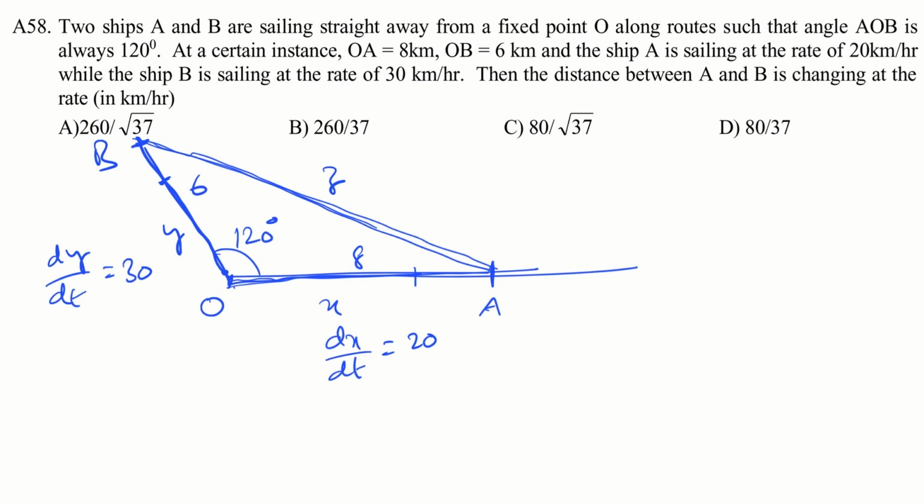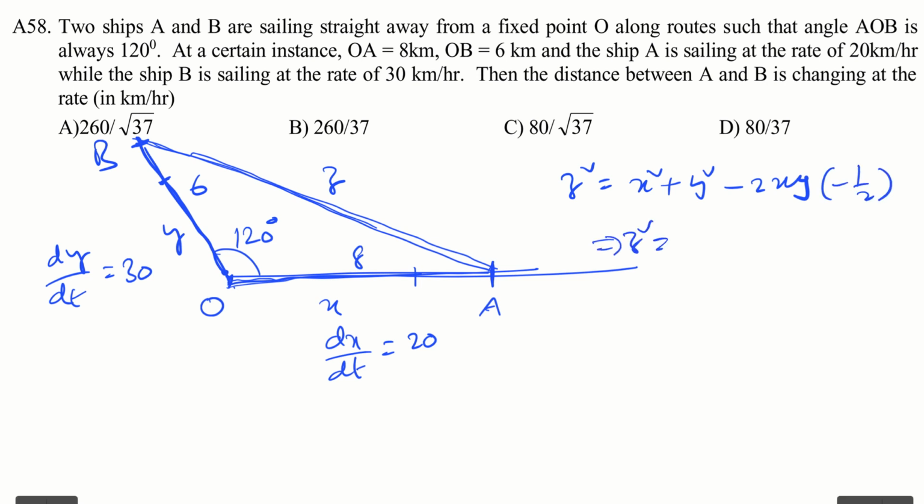So, I have z square is equal to, using cosine rule in the triangle, x square plus y square minus 2xy into cos 120, which is minus 1 by 2. So I am having it as z square equal to x square plus y square plus xy.